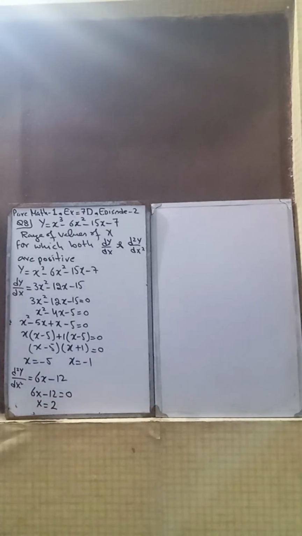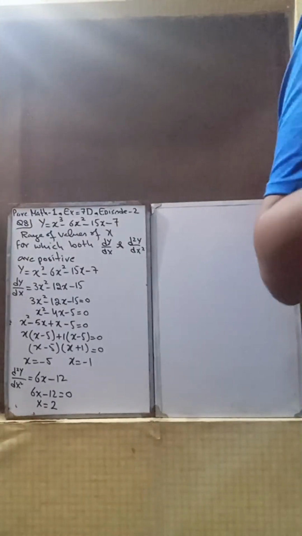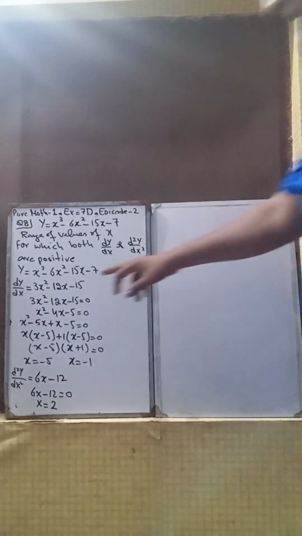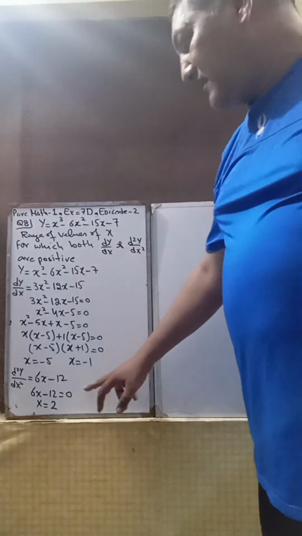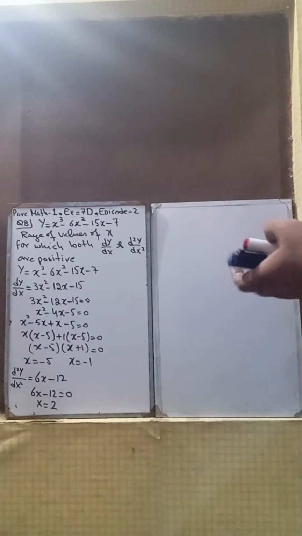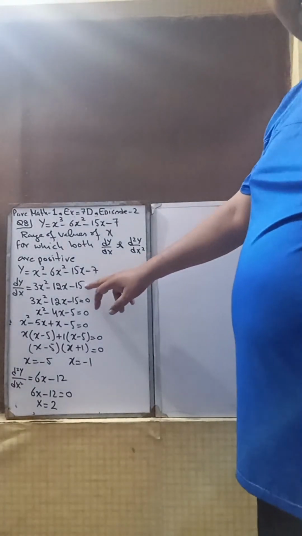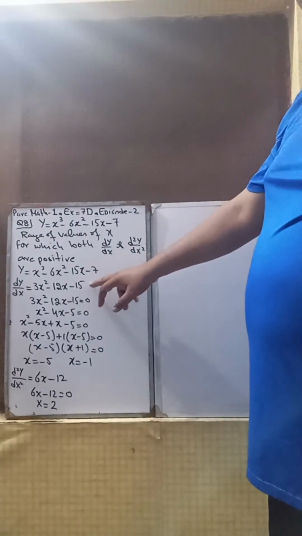They say that both these should be positive, and I have to tell the range of values of x where both of these are positive. Let me show you. This is a quadratic expression.